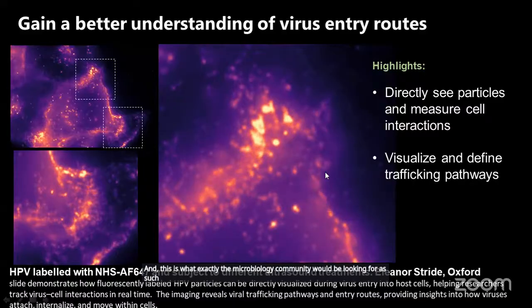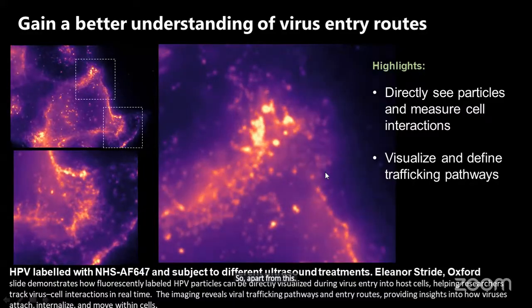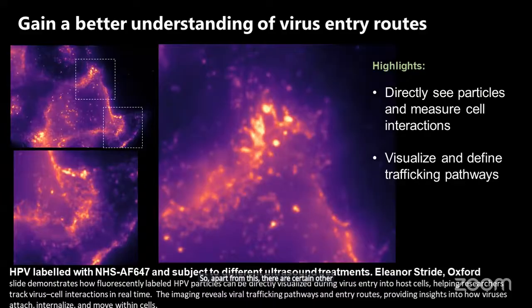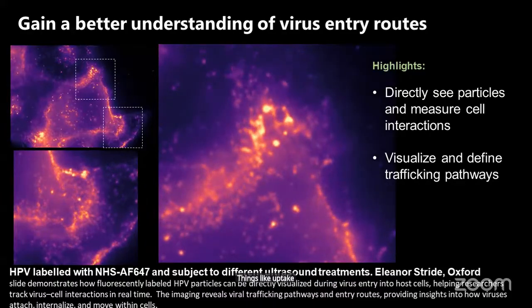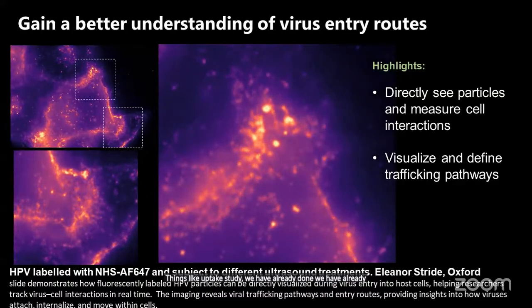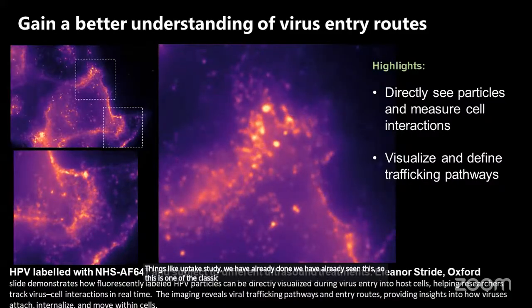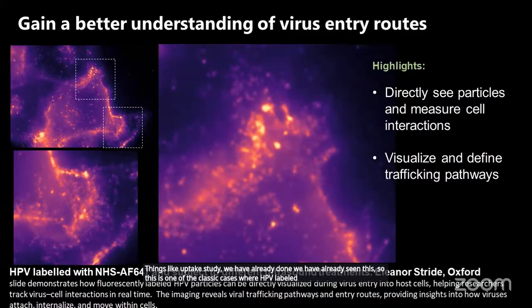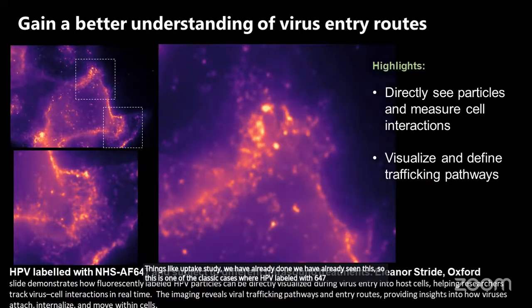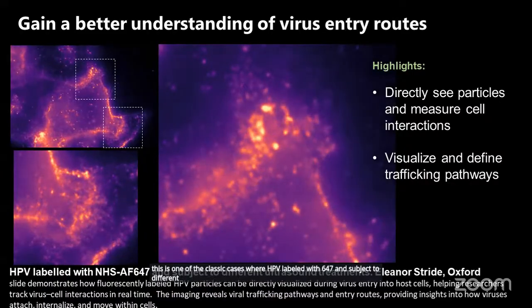So apart from this, there are certain other things like uptake studies we have already done. This is one of the classic cases where HPV is labeled with 647 and subjected to different ultrasound treatments.